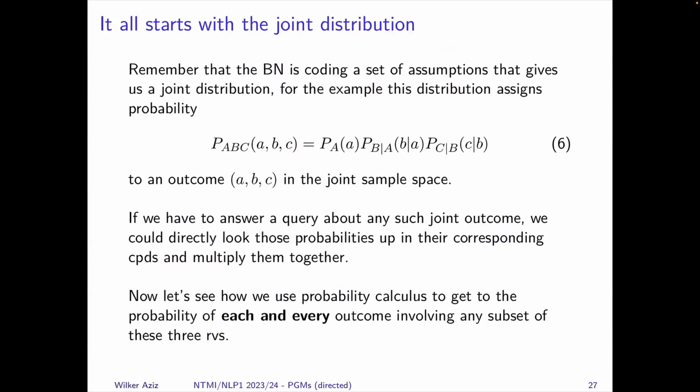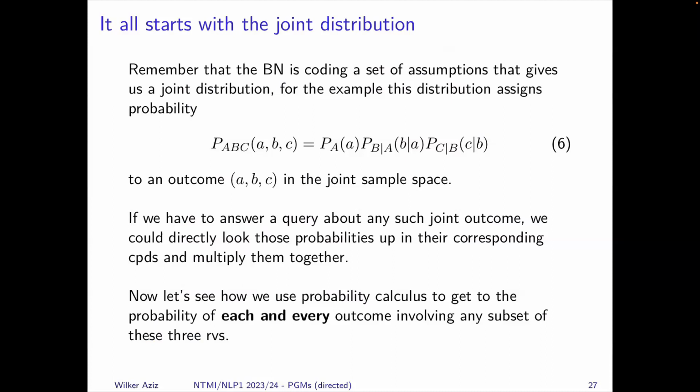Now, if you have to answer a query about any other combination of these variables, like a conditional or a marginal, then we're going to be looking up the corresponding... sorry, I lost a bit of the narrative here. If all you're looking for is a joint, the probability of a joint outcome, you just simply read up the relevant values and multiply them together.